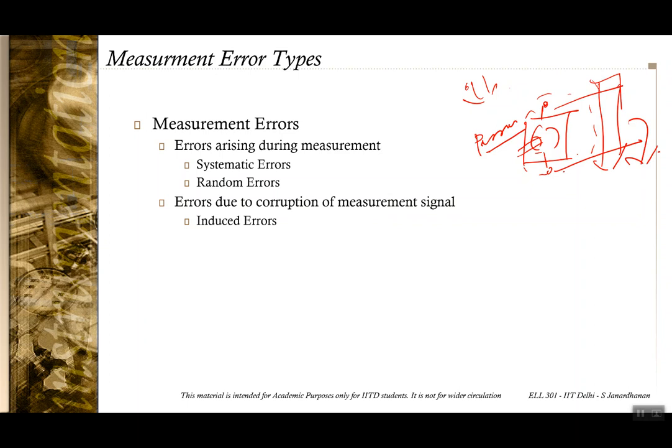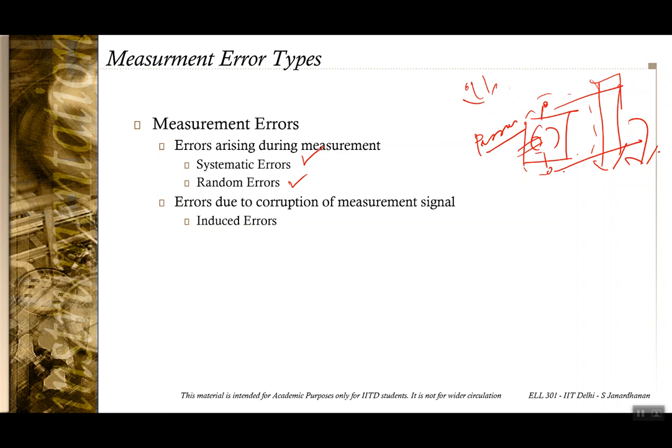Okay, so when the errors are occurring during measurement, they can be systematic, that are errors that are caused inherently by the system being measured, by the instrument being measured, and by other environmental factors. And you can have random errors also, which occur due to random noise corrupting, or due to random biases that occur during the measurement.